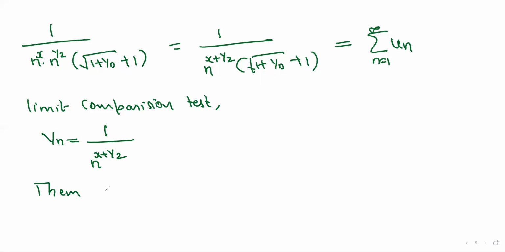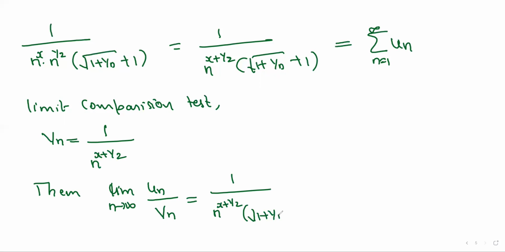Then limit as n tends to infinity of un by vn, where un is 1 by n power x plus 1 by 2 into (square root of 1 plus 1 by n, plus 1), divided by vn, which is 1 by n power x plus 1 by 2.